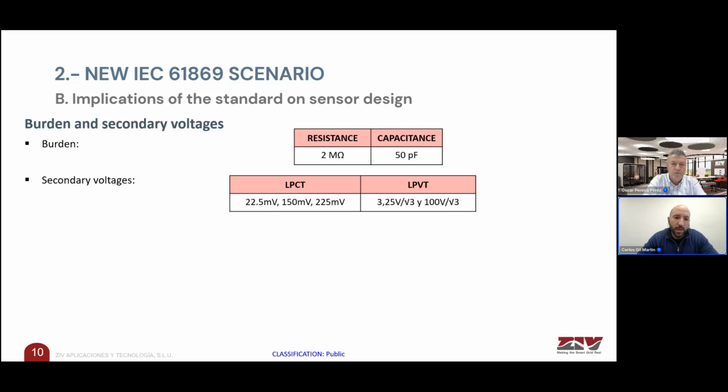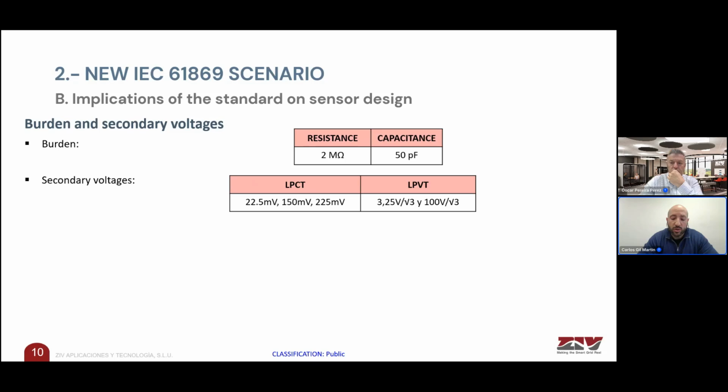Regarding burden and secondary voltage, the standard specifies the impedance that the electronic device has to have as an input, because we are talking about passive devices, so a change in the impedance could modify the ratio of the sensor.